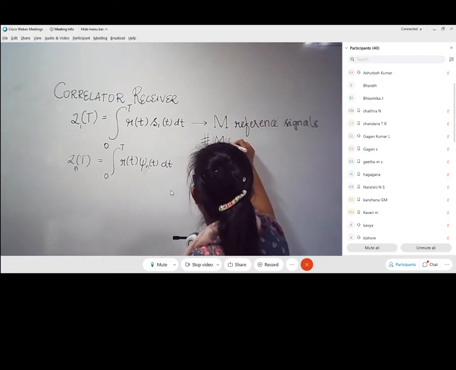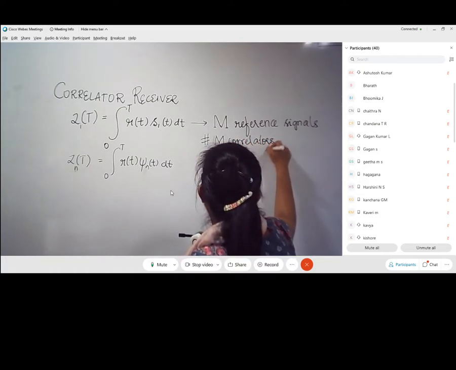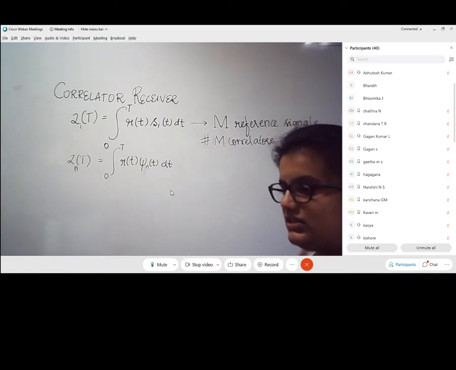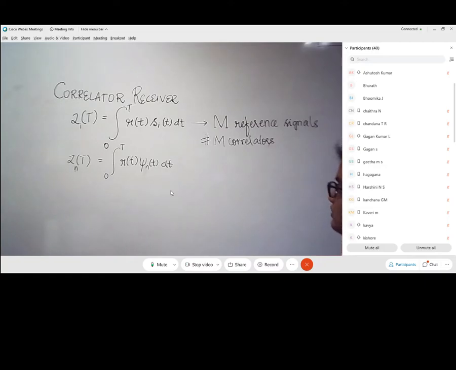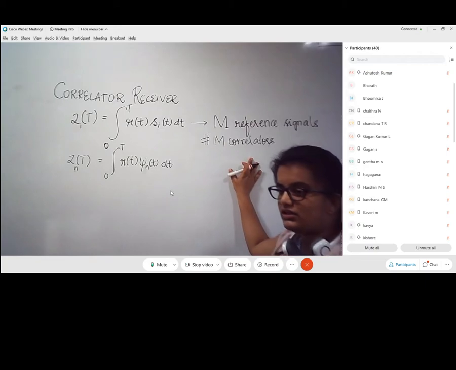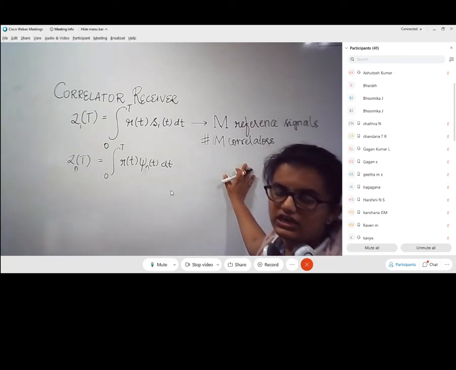That is a very huge number. When we choose higher and higher values of M, we obtain a very huge circuitry doing the correlation operation. A mixer combined with an integrator is called a correlator. So we may require M different correlators as the number of symbols increases.